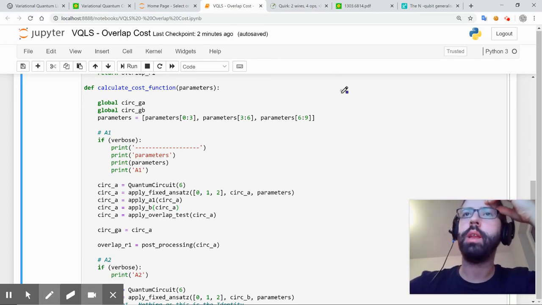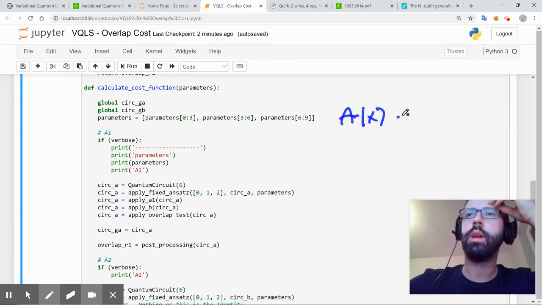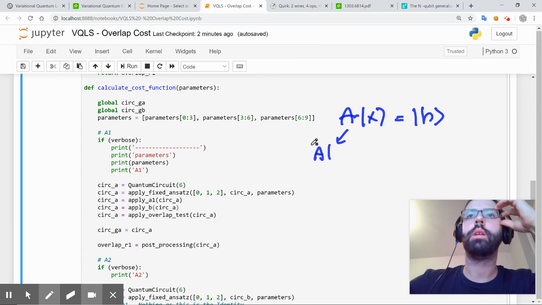So I'm combining, so again, what was that? So it's A, X, right? And that's what I'm basically doing. So now A is like A1 plus A2, right?